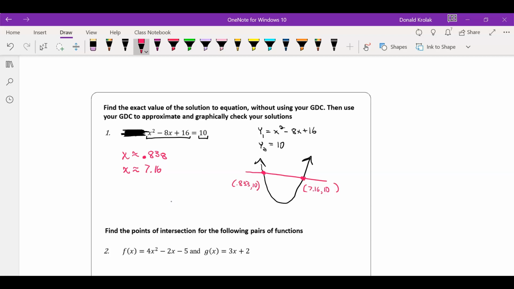All right, so what you just did was you found the approximate solutions.